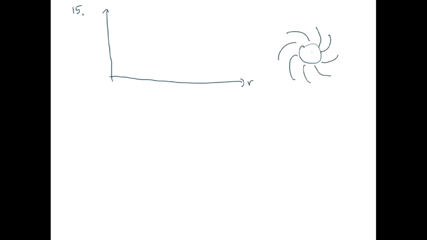It's plotting the speed of some point that's r away from the center, which is going to have some speed, and some point another r away from the center is going to have some different speed. So it's plotting these speeds as a function of r. And the graph given looks a bit like this.